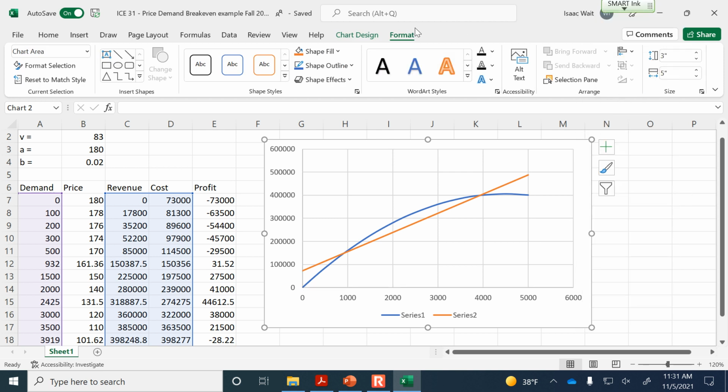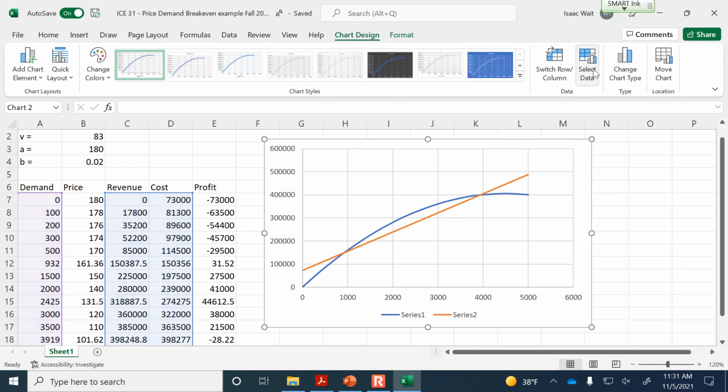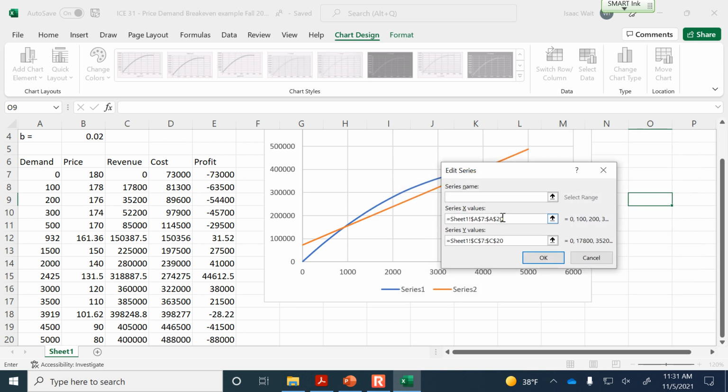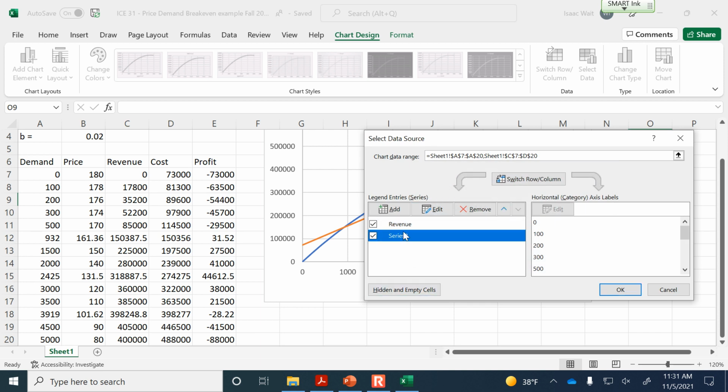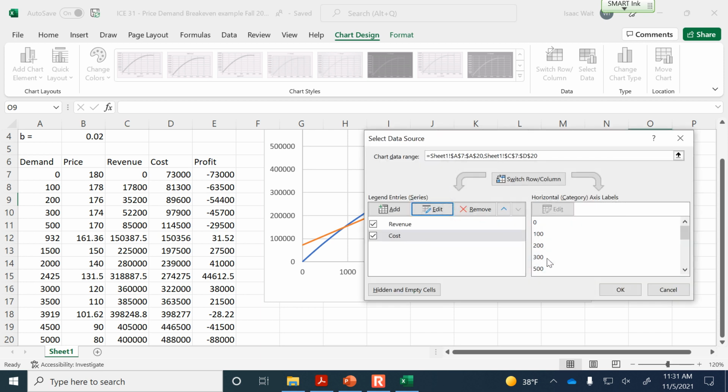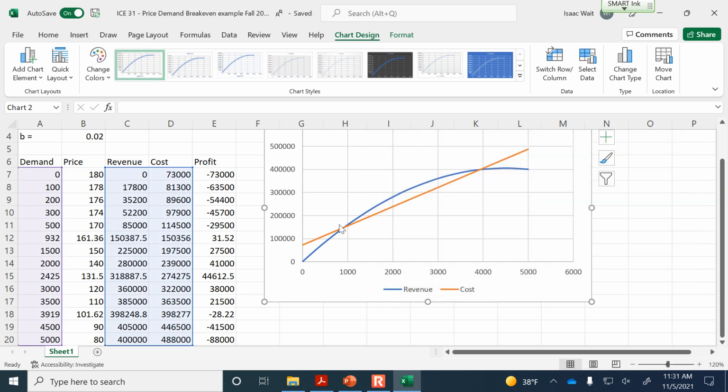Select data. All right, yeah, I'll just rename this. Instead of series 1, this one was the revenue. Now it's calling that, and edit this so that this series is called the cost. All right, so now it's more obvious that the revenue is the blue line, the cost is the orange line, and we're profitable anytime the revenue is above the cost.